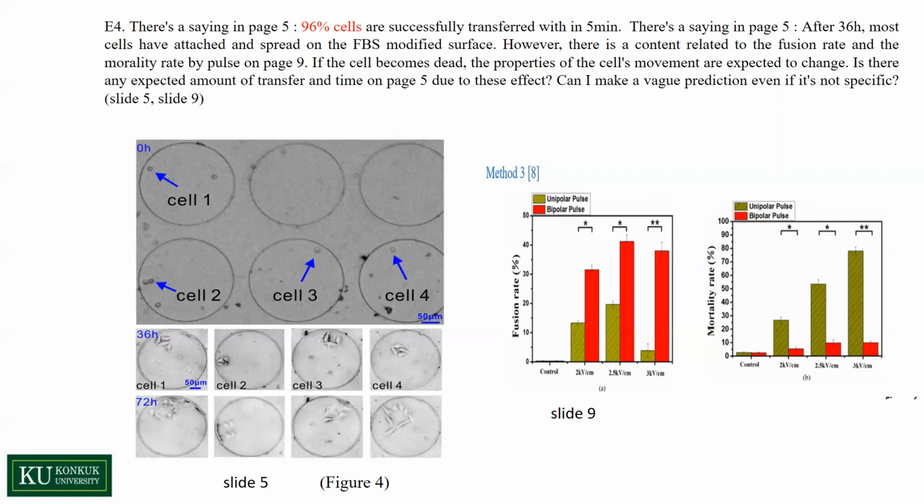So this is what we got. If we use a bipolar pulse, we get a higher amount of live cells in the fusion stage, then you can easily transfer 96% of cells into the cell culture.